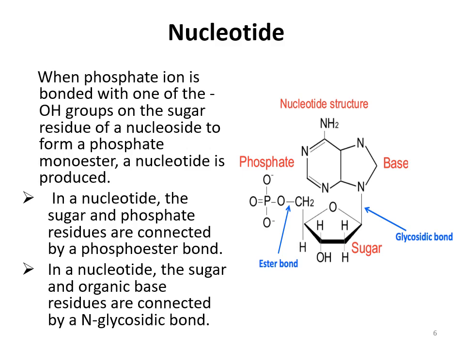So with one nucleotide it is a monoester, and with two nucleotides it is a diester bond. In a nucleotide, the sugar and the phosphate residue are connected by a phosphate ester bond, and the sugar and the organic base residue are connected by an N-glycosidic bond.